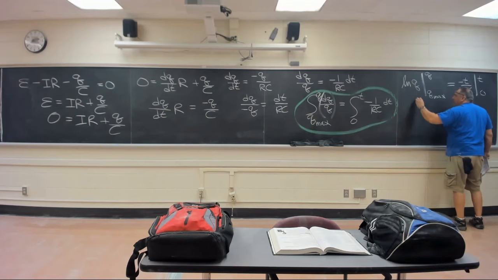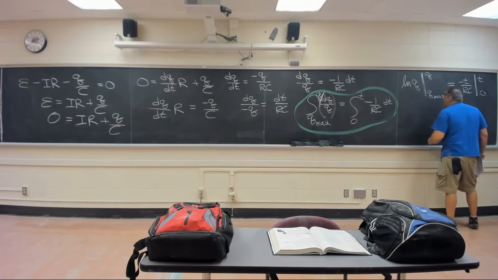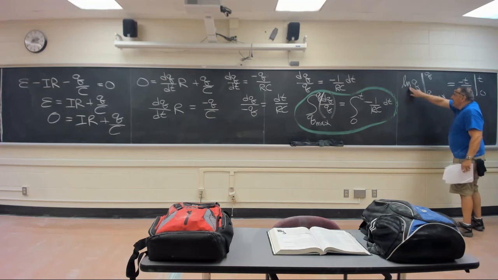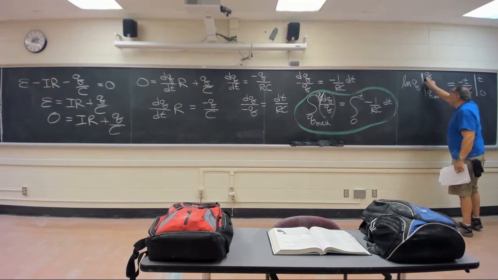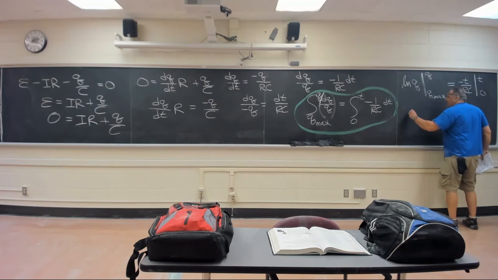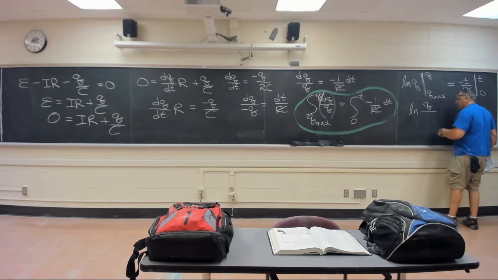What you get here is the difference of two logarithms: ln at Q minus ln at Q max. The difference of two logarithms is the logarithm of the quotient when done correctly.